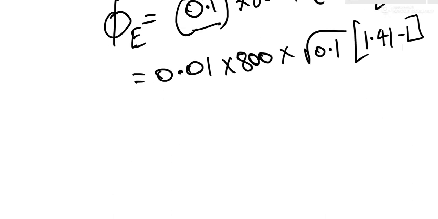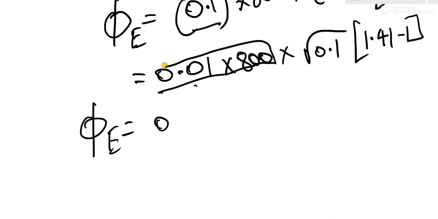Okay, now we'll get what is the flux. So see here, electric flux is equal to 0.01 into 800. This we get as 8 into root of 0.1. Approximately we'll get 0.31.